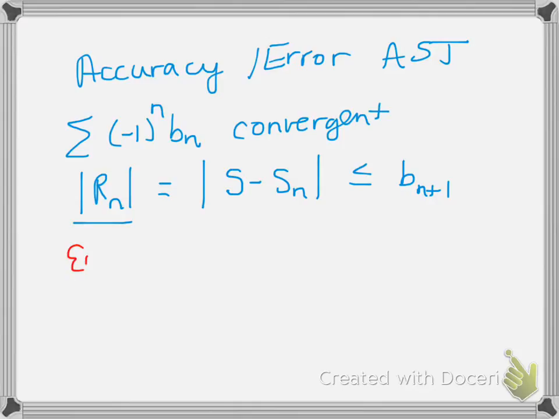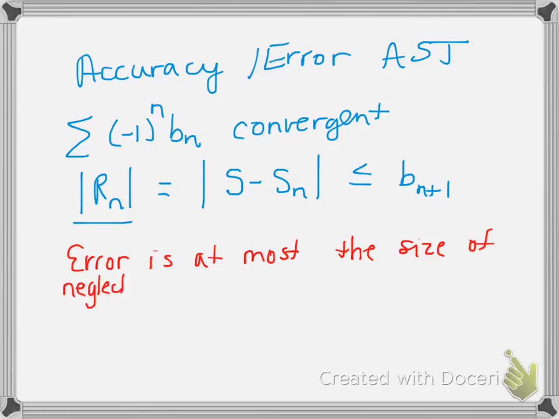In words, they say this: the error is at most the size of the neglected term, which basically just means the next one. So let me give you an example of that.